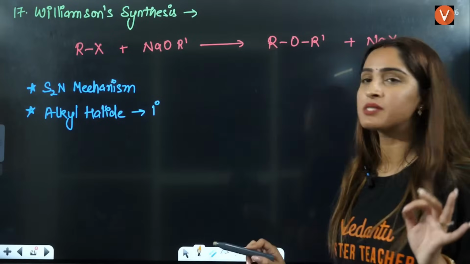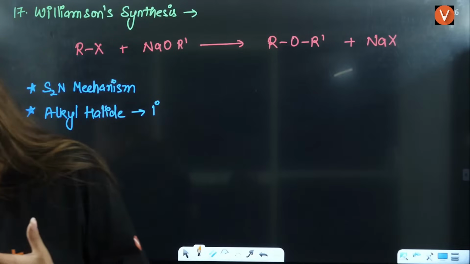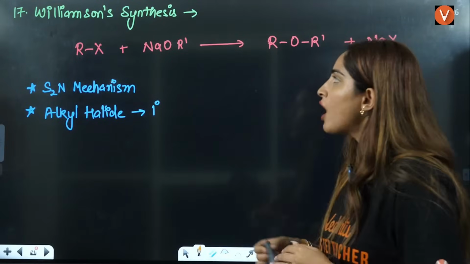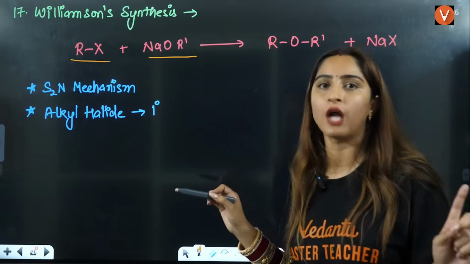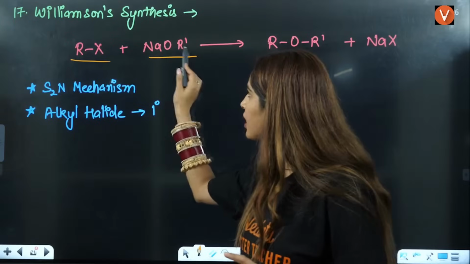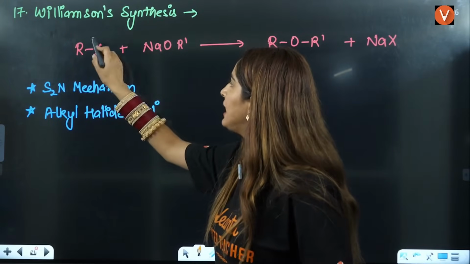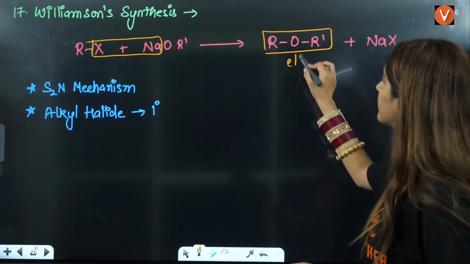Next we have Williamson synthesis. Again, a very important reaction. Very frequently this is asked. What are the important points? So you have RX and you have RONa. What will happen? This X and this Na will leave, and you will have the formation of ROR, that is the ether is formed.